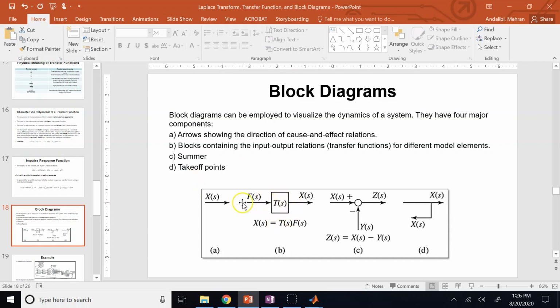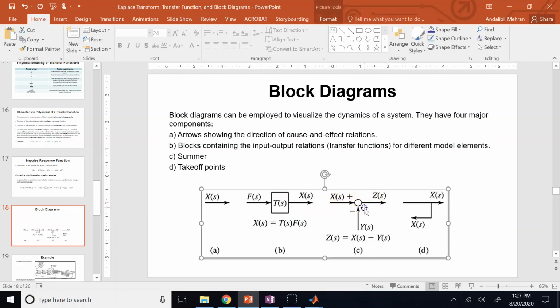Okay, so if you have a signal like X, this X can go inside the block, can come outside the block, right? Then the output of the block is the input times the transfer function. Sometimes you have to add and subtract some signals together, right?